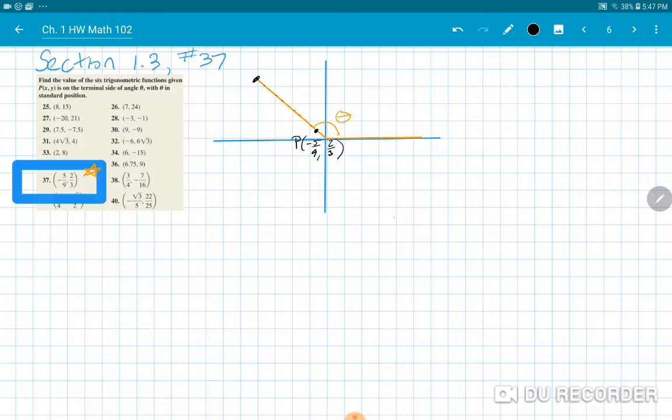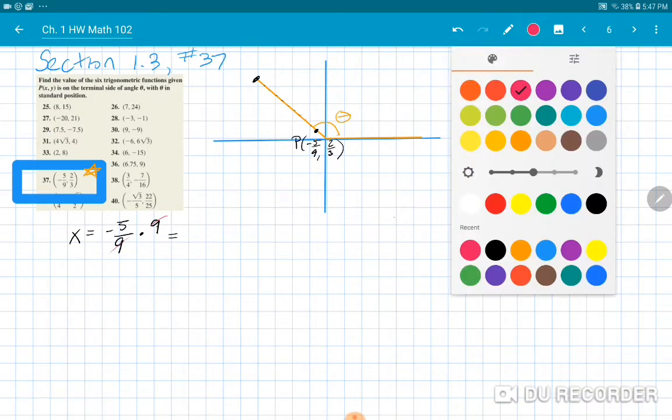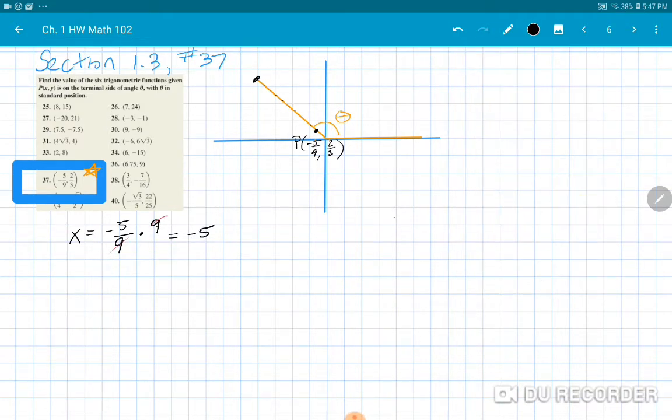So I'm going to take both those points, and I want to get rid of the denominator. A common denominator there is 9. If I multiply both sides by 9, then I will get rid of the denominator on both fractions. So for the x, we'll do that times 9, which gives me the 9's cancel, so my fraction goes away, and I'm left with just -5.